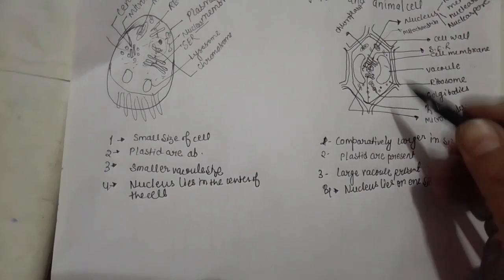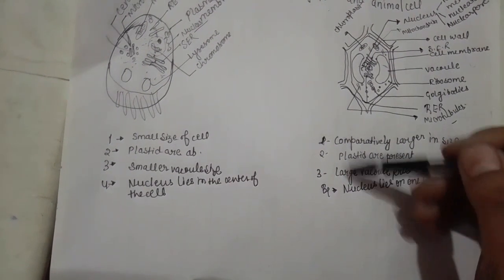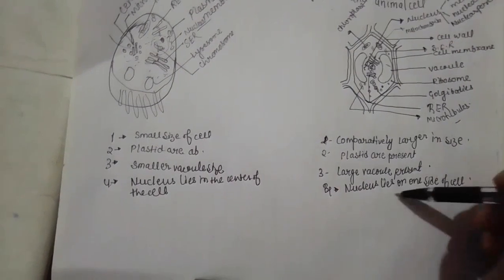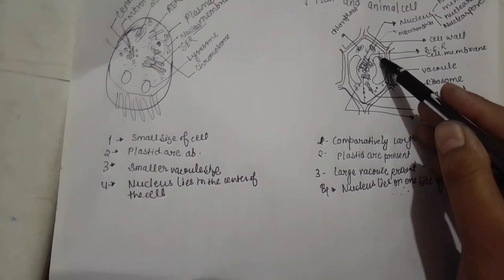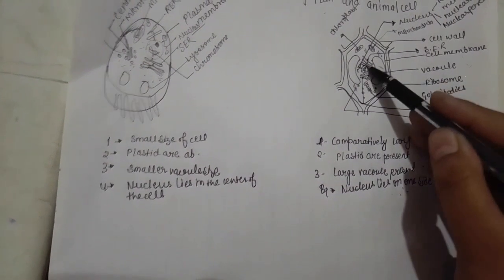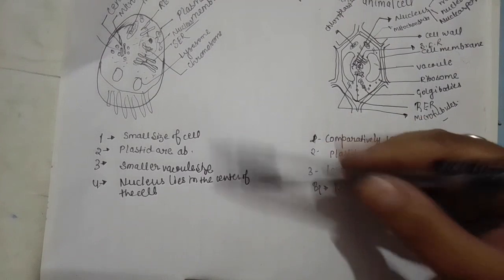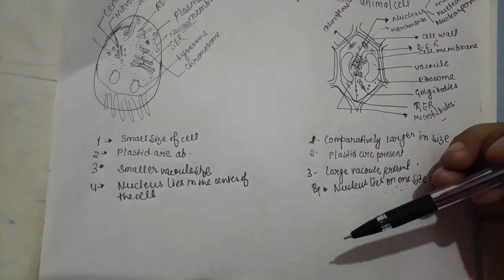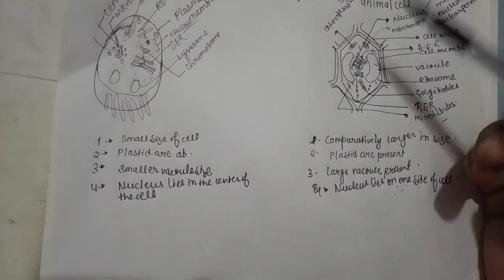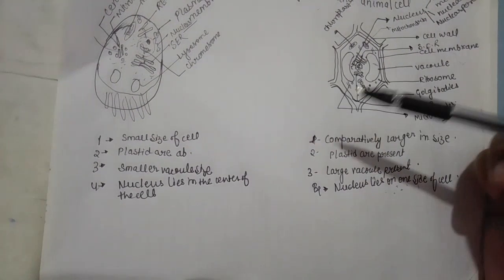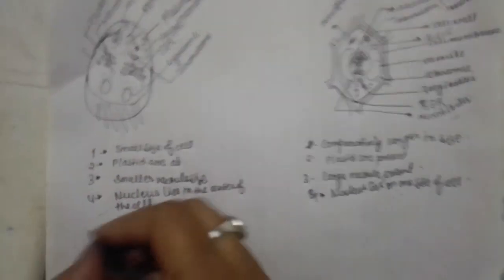So you can go with that diagram also, otherwise according to the difference you can make the nucleus on one side. Clear? In case of the plant you can make it at one side, and you can make it at the center. Most of the time they look like that, but in special conditions they show the other type of structure.